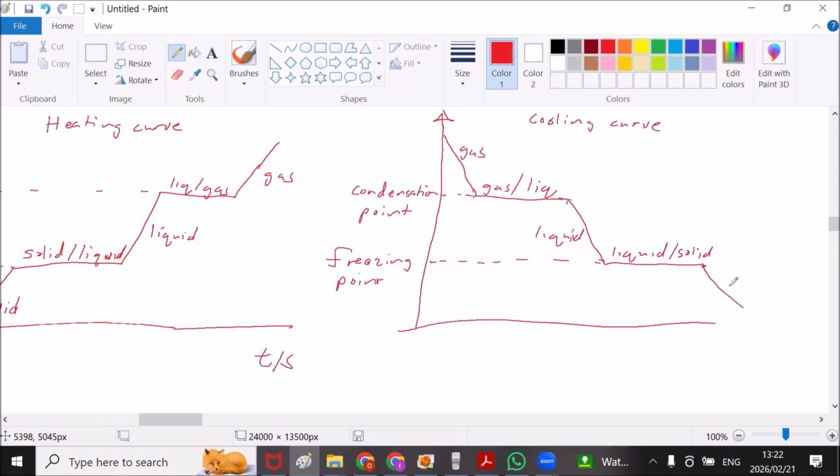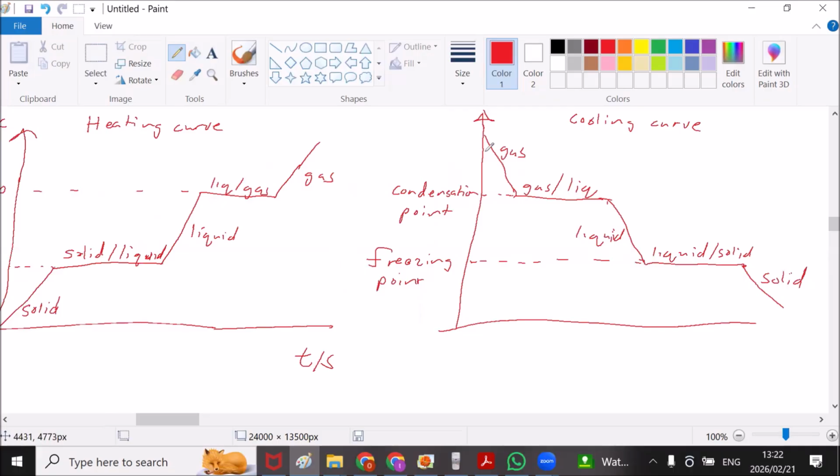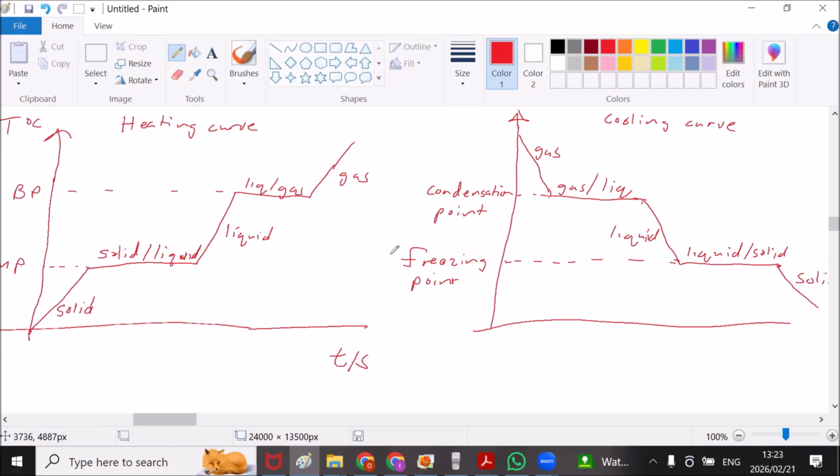And in this region now we have a solid. So the heating curve is the opposite of the cooling curve. But these particular points of temperature are maintained: the boiling point being equal to the condensation point, the melting point being equal to the freezing point for a particular pure substance.